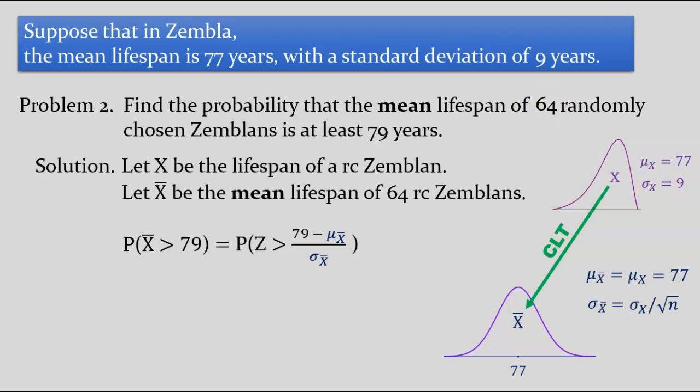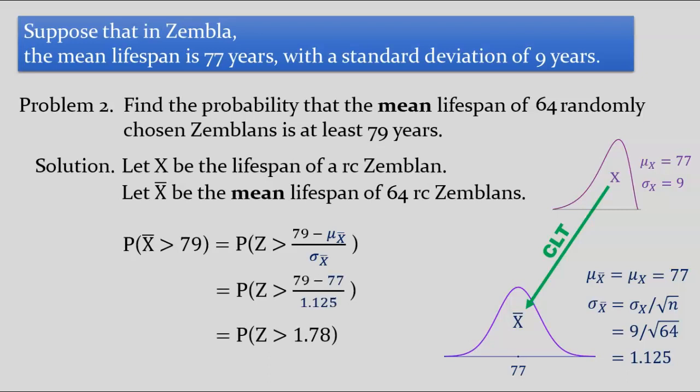In this case, that translates to 9 over the square root of 64, which is 9/8, or exactly 1.125. When we substitute these values in, we get this, which reduces to the probability that z is greater than 1.78. Wolfram Alpha tells us that this is approximately 0.04. That is, only 4% of such samples will have a mean lifespan of over 79 years.